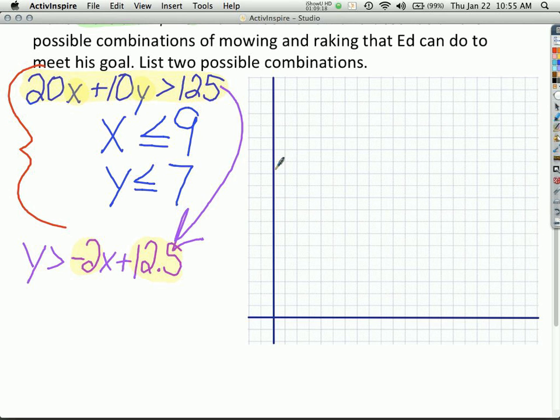You should too. And the slope is nice, negative 2 over 1. So that'll be easy. So we're just going to go by 1. So that's 0. 1, 2, 3, 4. And go by 1s going on the x-axis.